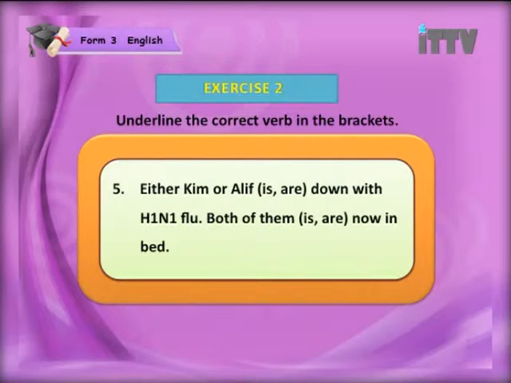Number 5, either Kim or Alif, brackets, is, are, down with H1N1 flu. Both of them, brackets, is, are, now in bed. Let's look at what the answer is. Either Kim or Alif is down with H1N1 flu. Both of them are now in bed.